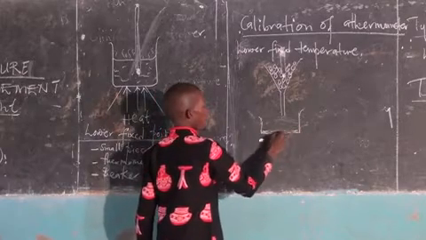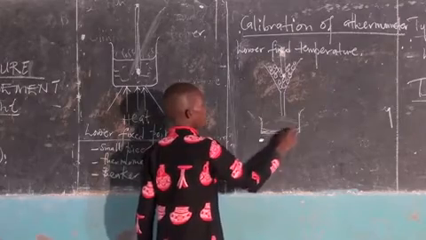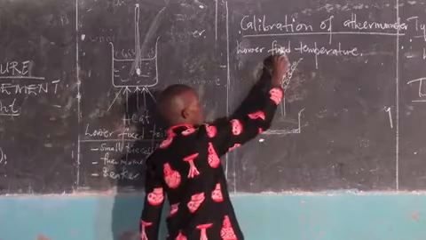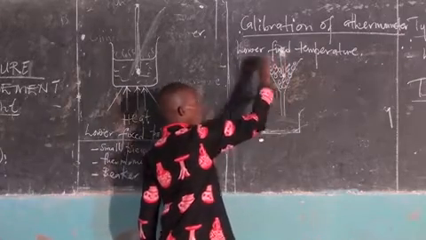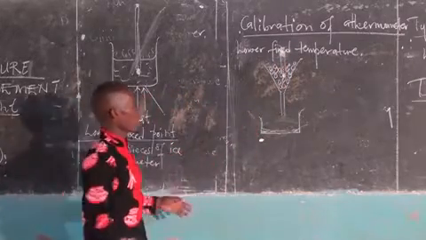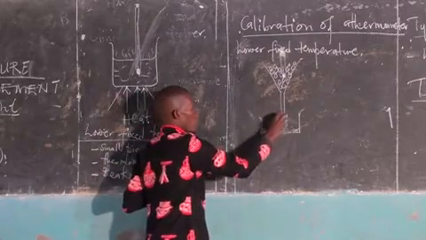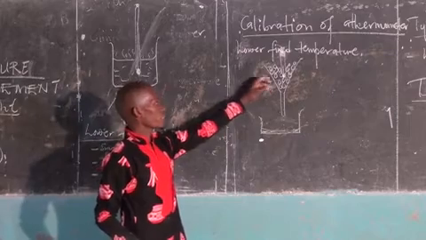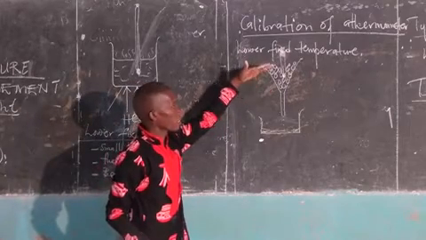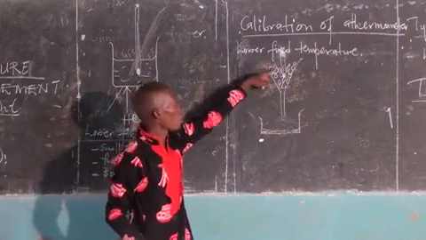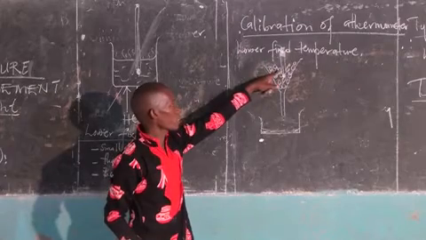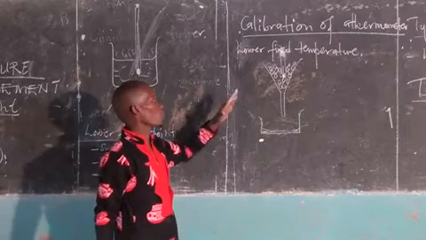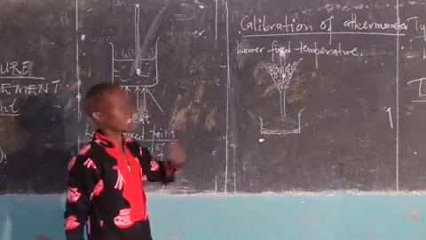Before inserting this thermometer, you first wait for the ice to melt, and you insert. You observe. The time is going to reach when this mercury thread is constant. That is what we call the lower fixed temperature.